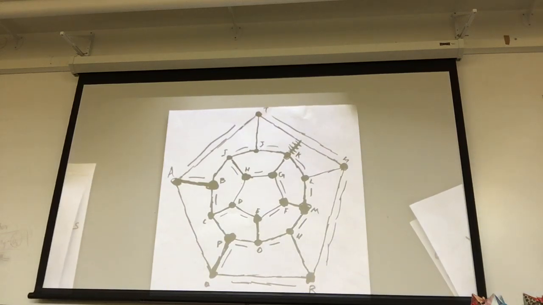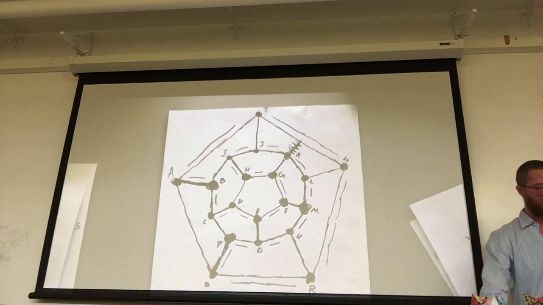A simple circuit that includes every vertex of the graph. Okay, so what we don't want is any repeated edges, but we want to hit every vertex of this graph. Okay, so we're going to try to create a Hamiltonian circuit of this graph.